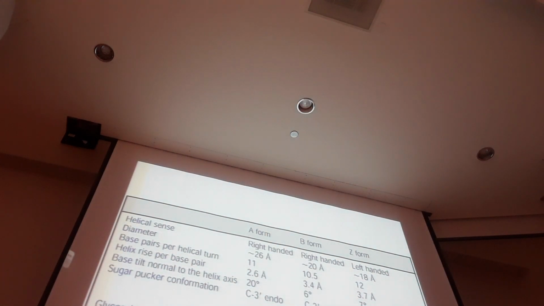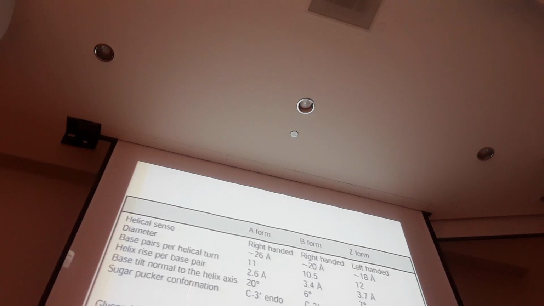But taking a look at this table here, we see that we have the C3' pucker conformation actually being assumed in the A form of the DNA. Remember, the A form, just like the B form, is a right-handed helix, and as I indicated, it can be assumed at low humidities.